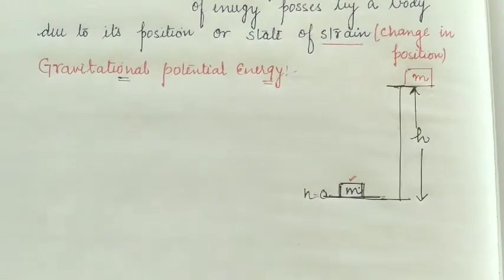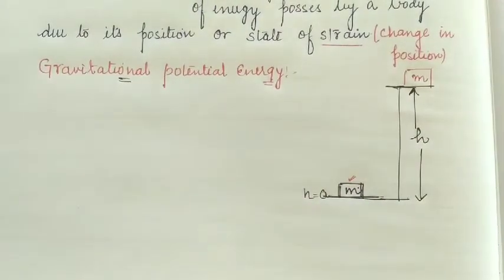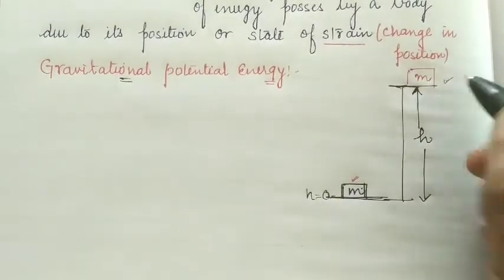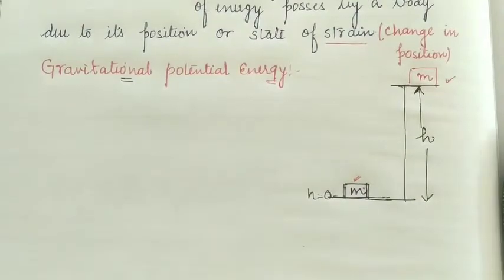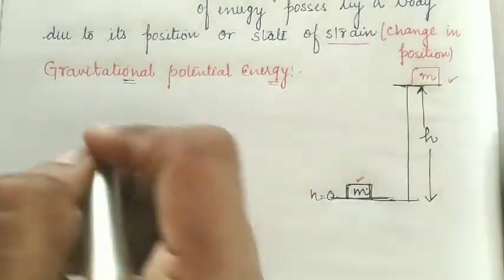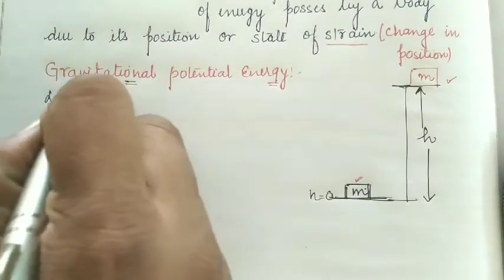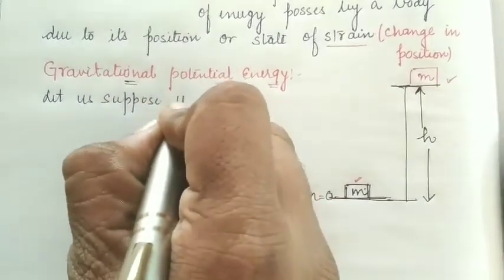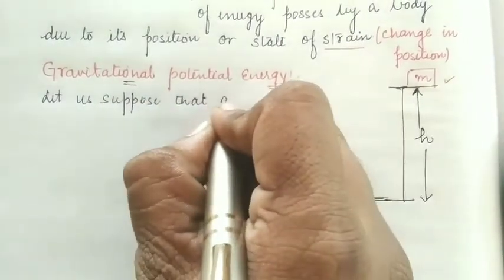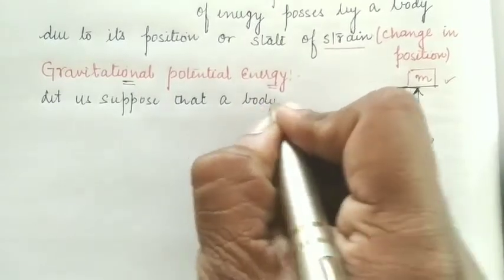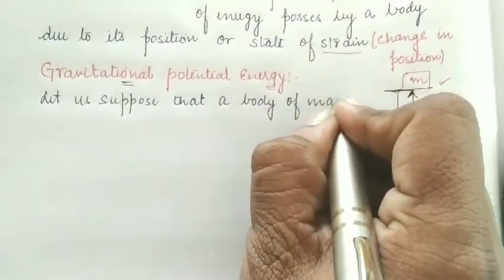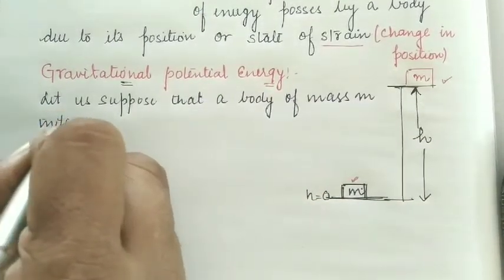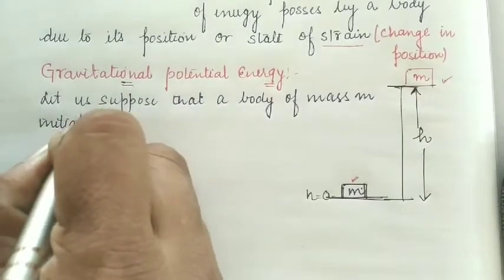In order to calculate how much work has been done to change the position of the object, at that height h, the amount of energy possessed by the body can be calculated as follows. Let us suppose a body of mass small m is initially at rest.